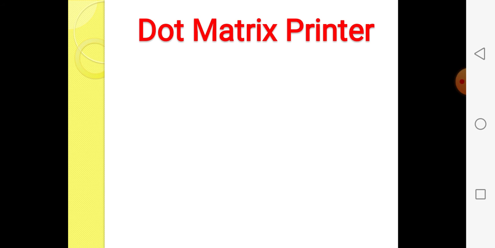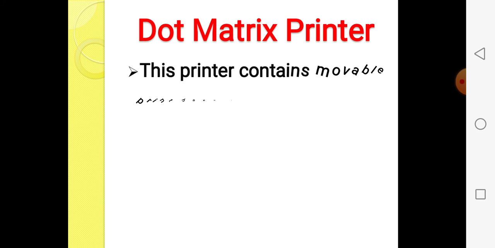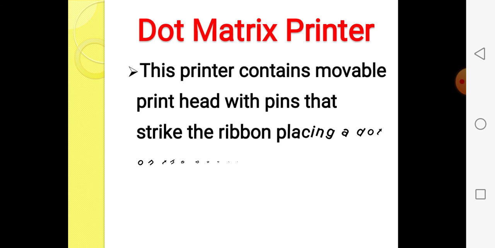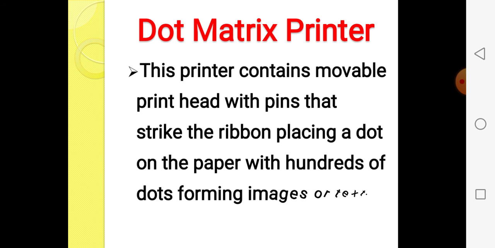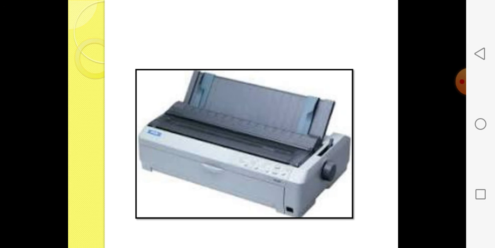Now the first one is the dot matrix printer. This printer contains a movable print head with pins that strike the ribbon, placing a dot on the paper, with hundreds of dots forming an image or text. It means if you want to take out one image, the pins given in this dot matrix printer punch 100 times.